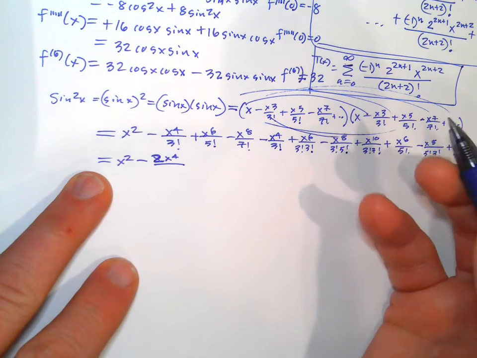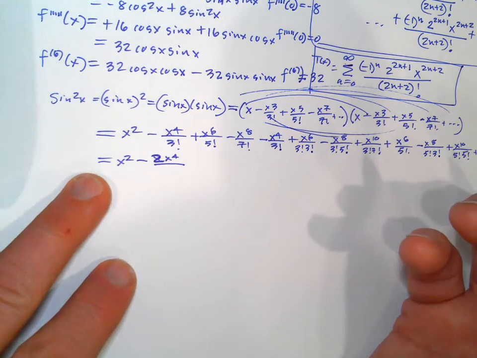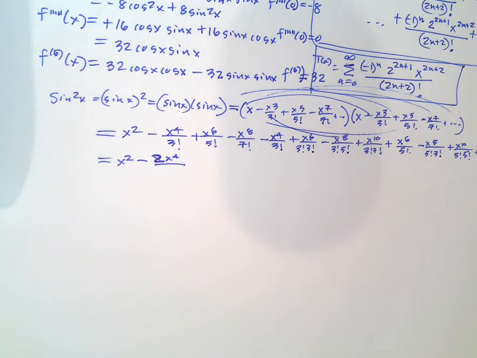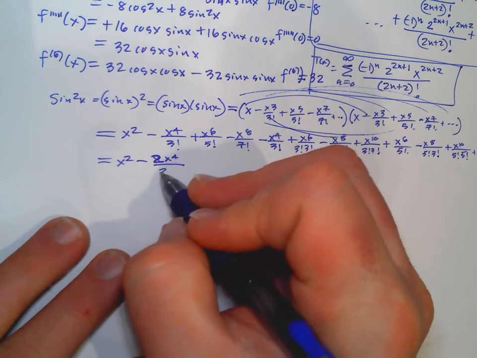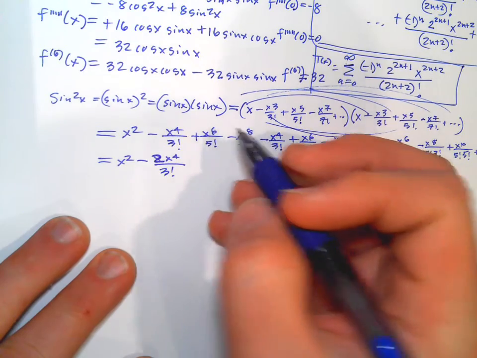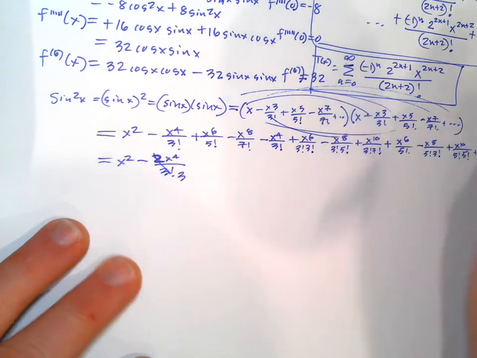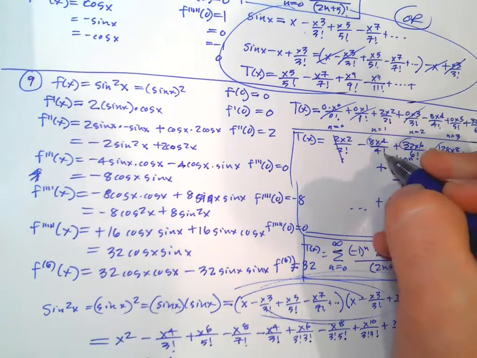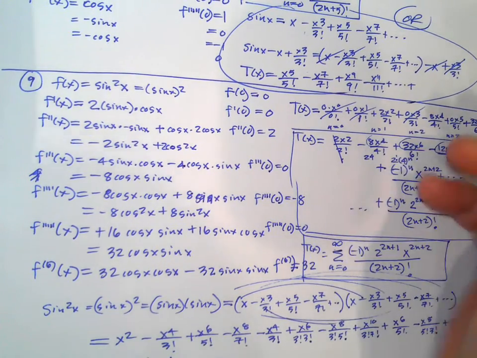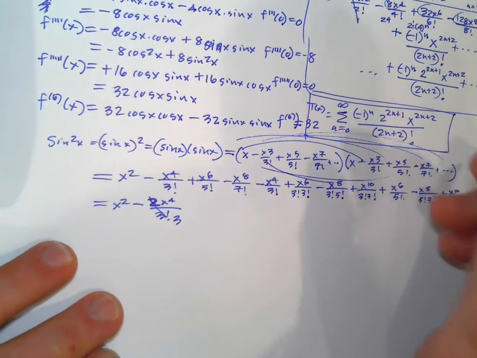Are there any other x to the 4th terms? I don't think so. But that would just give you a 3 on the bottom, which this one, that would be 24. Boom, that gives you the same thing. It does give you the same thing.